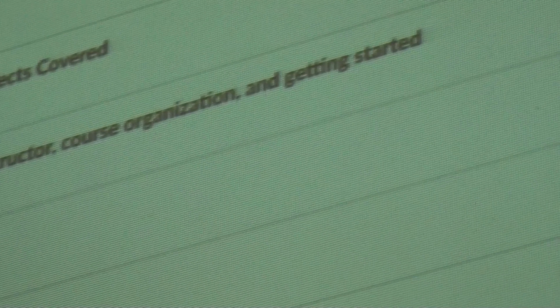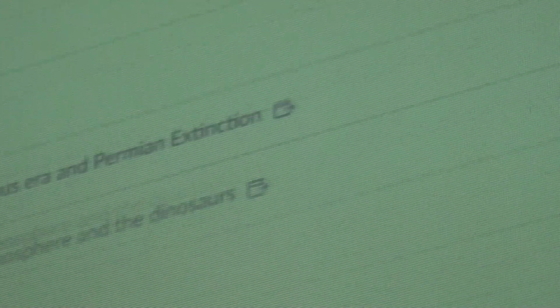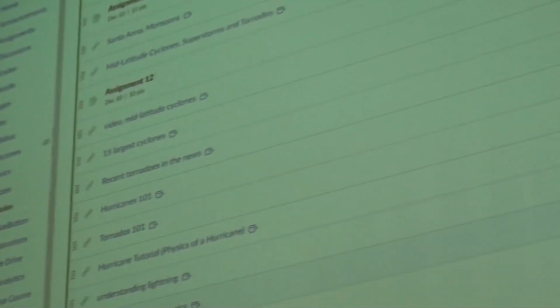And so we can look at actual pictures, and these I have for you in modules. You can see here, what we just did was understanding lightning, and then the next one is slow motion lightning pictures.